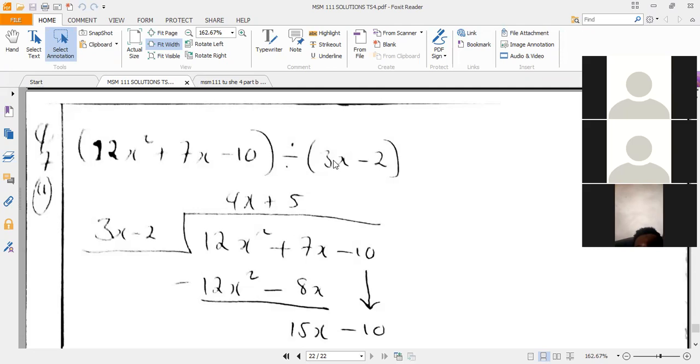When you have the coefficient of 3 here, don't use synthetic division, please. It won't always work. It will give you challenges. So when you have something like here, where the coefficient is 3, use long division, like the one I'm showing you right now.